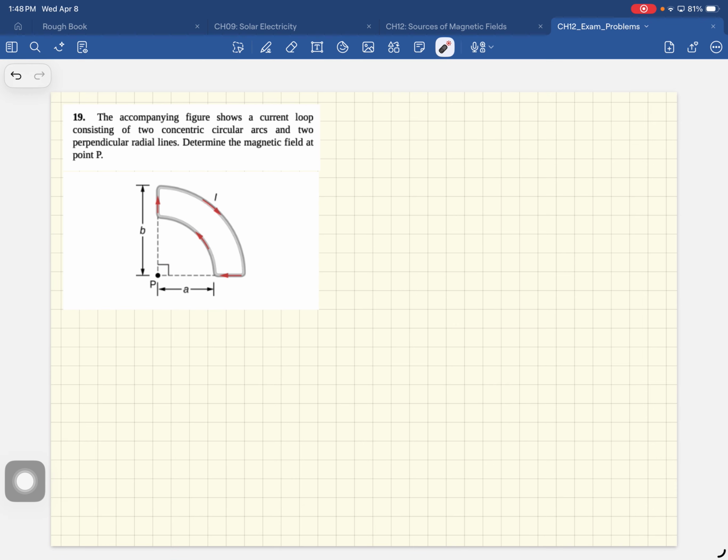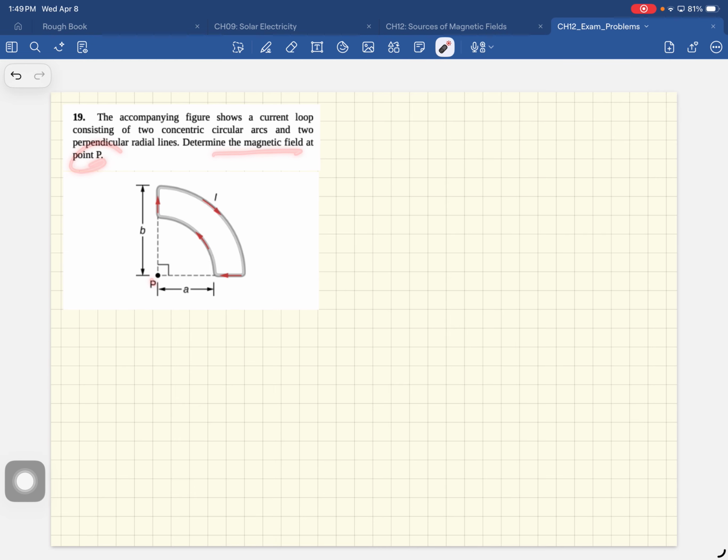Mu naught over 4 pi is common, I is common, and what you have here is 1/4, that's 1/2 a. Oh, 1/2, no, there's a pi as well. Pi over 2a. And then this pi will cancel with that pi, and you'll get an 8.